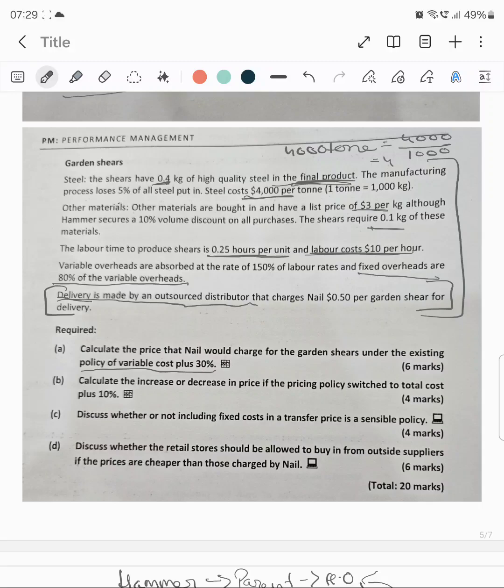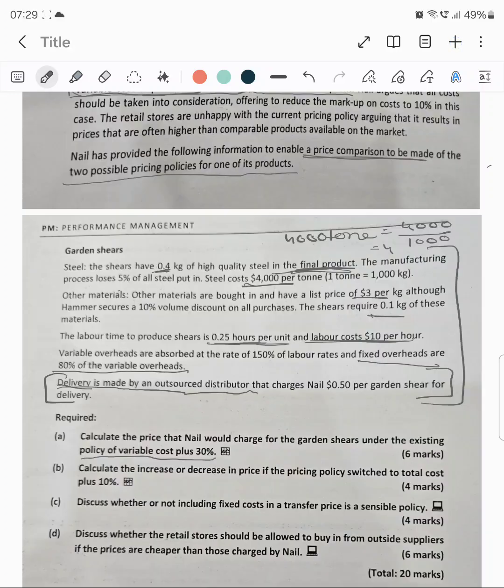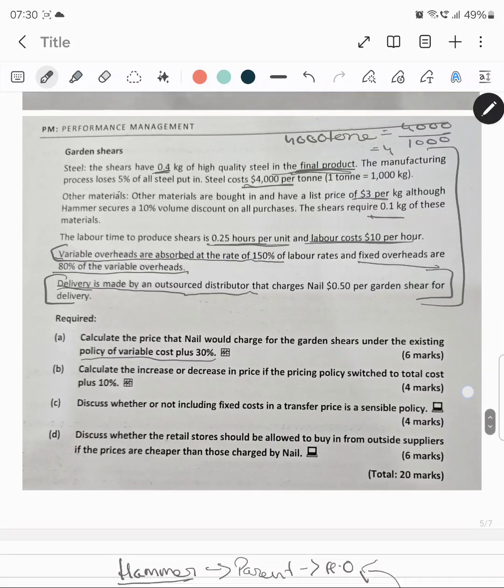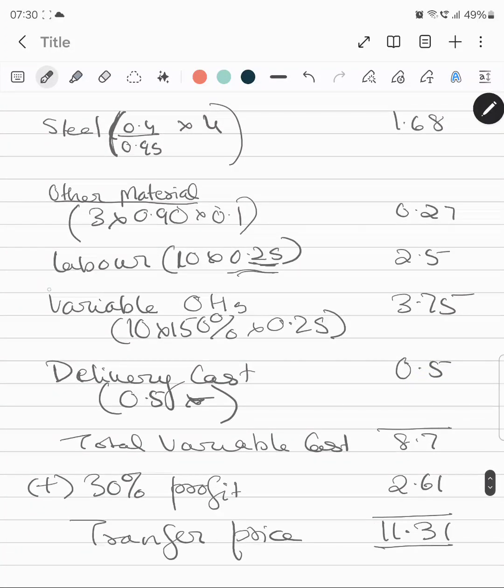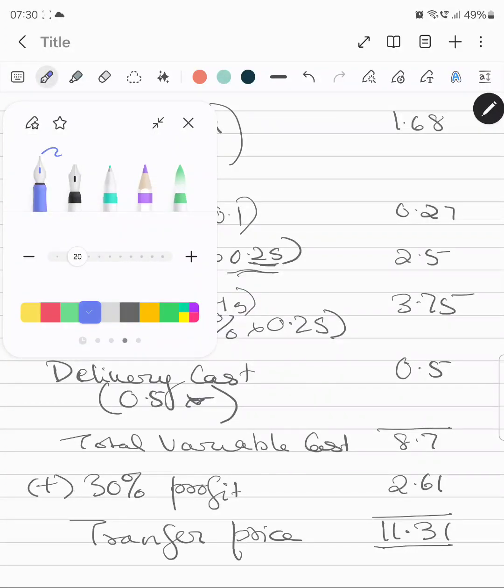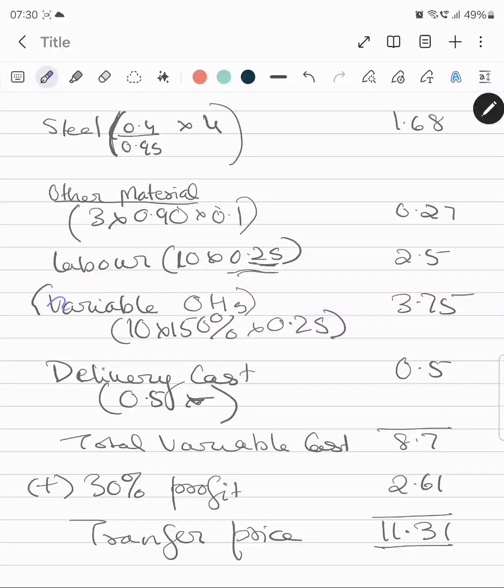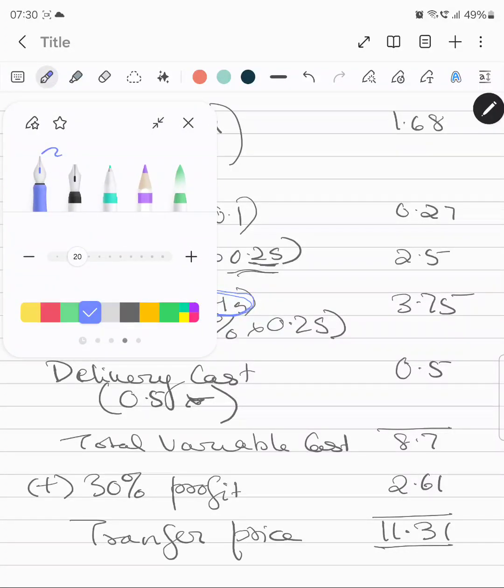Now what are my variable overheads? So I can see the variable overheads were this, which we had calculated over here. Let me highlight this with some other highlighter. So these are my variable overheads. This portion is really important for calculating the fixed cost.